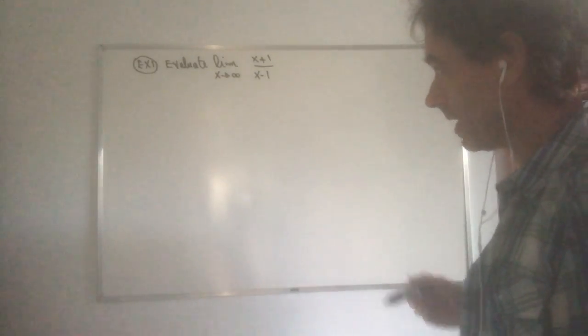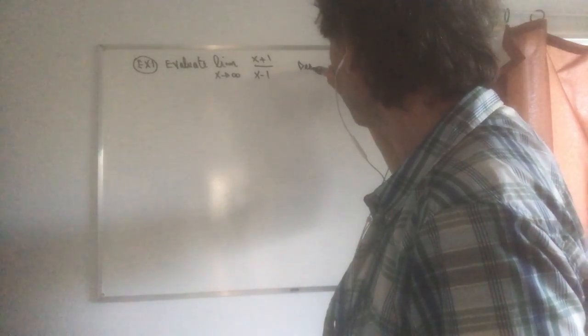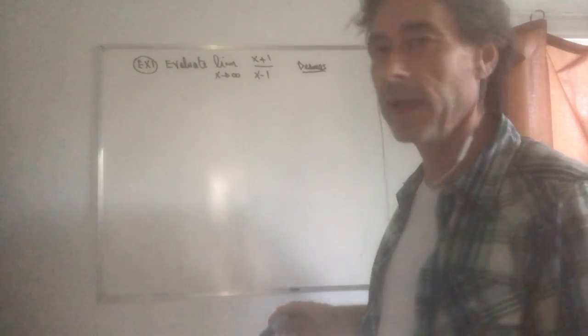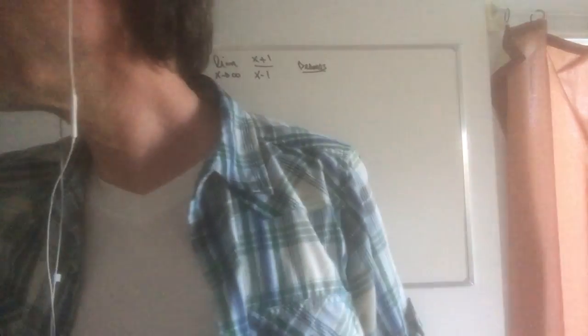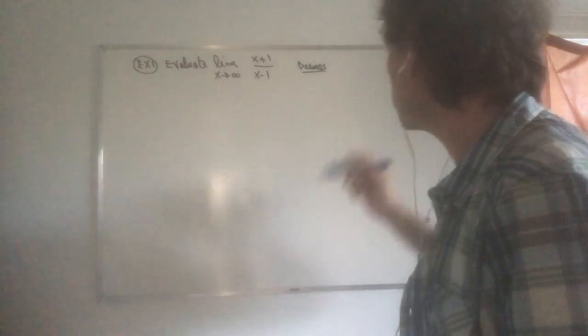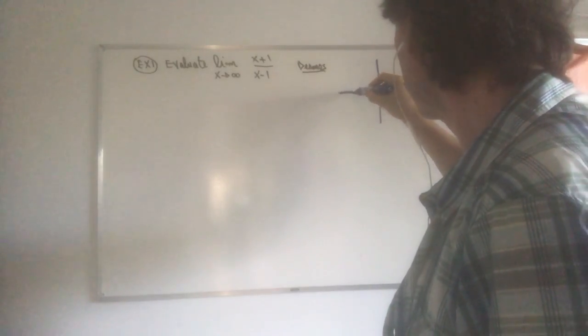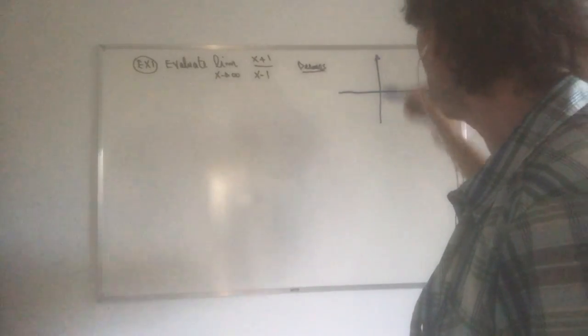That function is not an easy function to graph, so I turned to an online graphing tool. I like Desmos, I don't know if you do, and I actually got this graph for this function. So this is going to be the graph of the function (x plus 1) over (x minus 1).